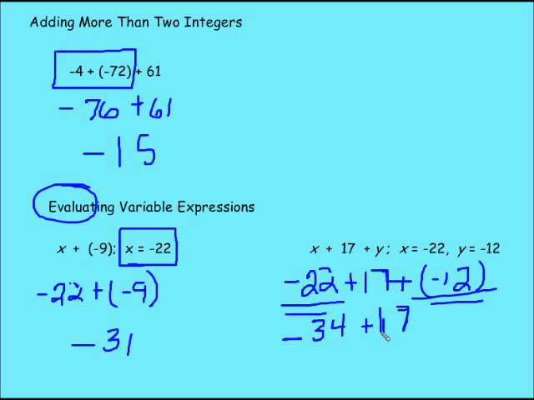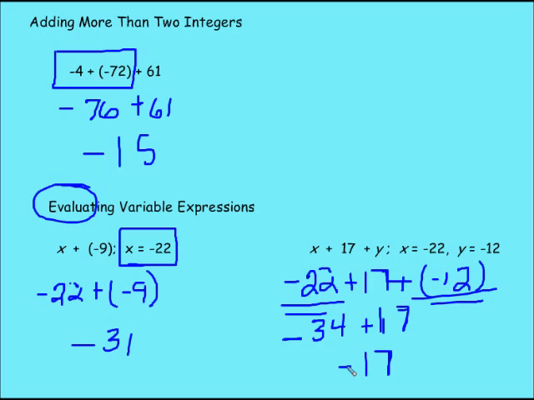The difference between 34 and 17 is 17. And if I look at both those integers, 34 is larger, and 34 happens to have a negative.